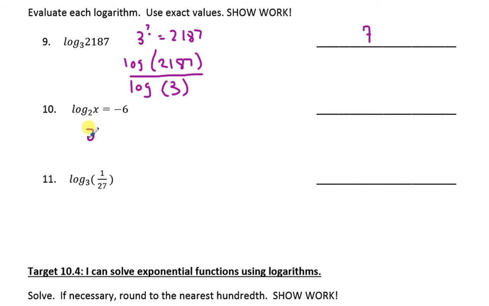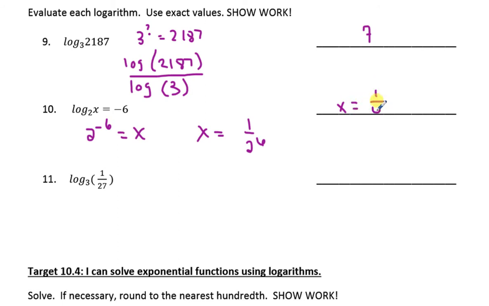To rewrite this, 2 to the negative 6 equals x. So x equals 1 over 2 to the 6th power. And you can do that in your calculator. Otherwise, 2 to the 6th is 64. So x equals 1 over 64.